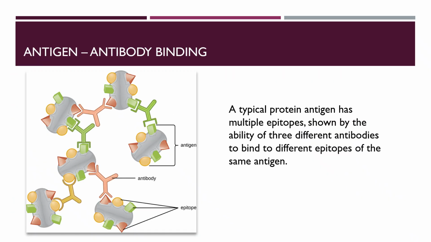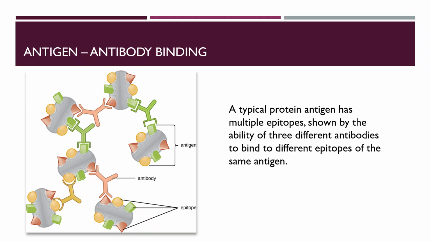So antigen antibody binding. A typical protein antigen has multiple epitopes, and they're showing you that, all the different little spiky things on there. They're shown by the ability in this picture of 3 different antibodies to bind to the different epitopes of the same antigen. So the antibodies are what your B cells make. The antigen is what has infected your cell.